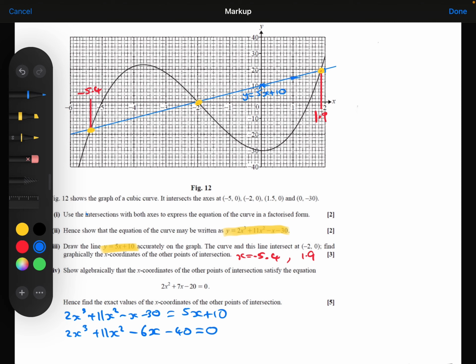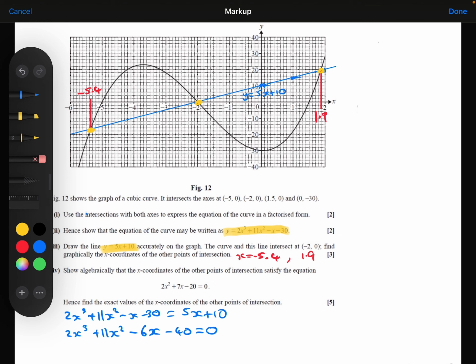Now I know that x equals minus 2 is a solution to this equation. I know that's an exact solution to this. I know the other approximate solutions to this are the 1.9 and the minus 5.4, but I'm interested in the exact solutions here.